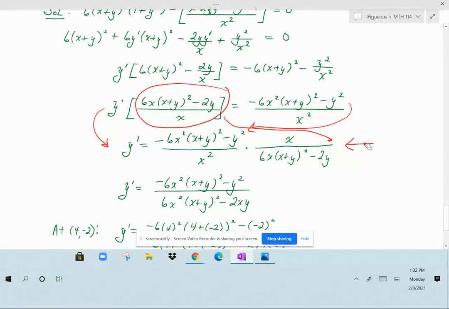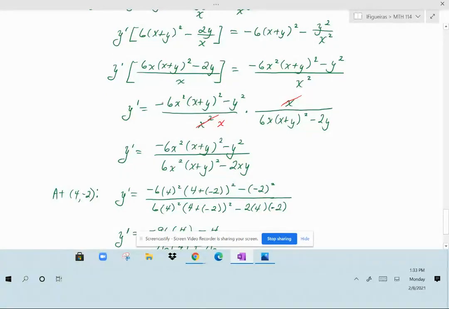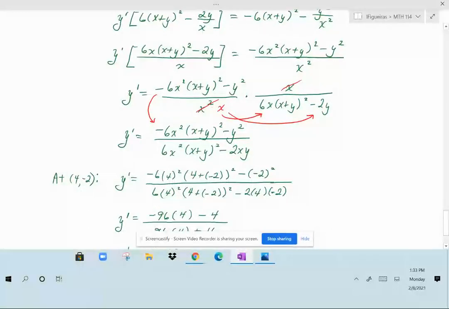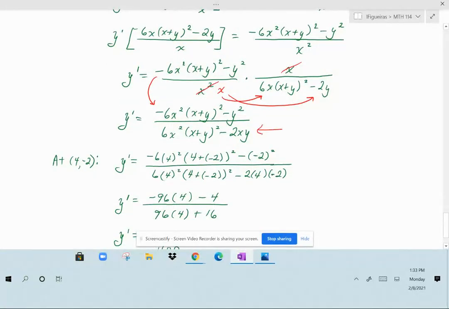And when I do that, there is some simplifying that can be done. So this x cancels with one of these, so I'm left with x. So my numerator is exactly what you see here. But my denominator, this x and this x will combine, and this x gets distributed here. So you get this denominator, 6x squared times x plus y to the second minus 2xy.